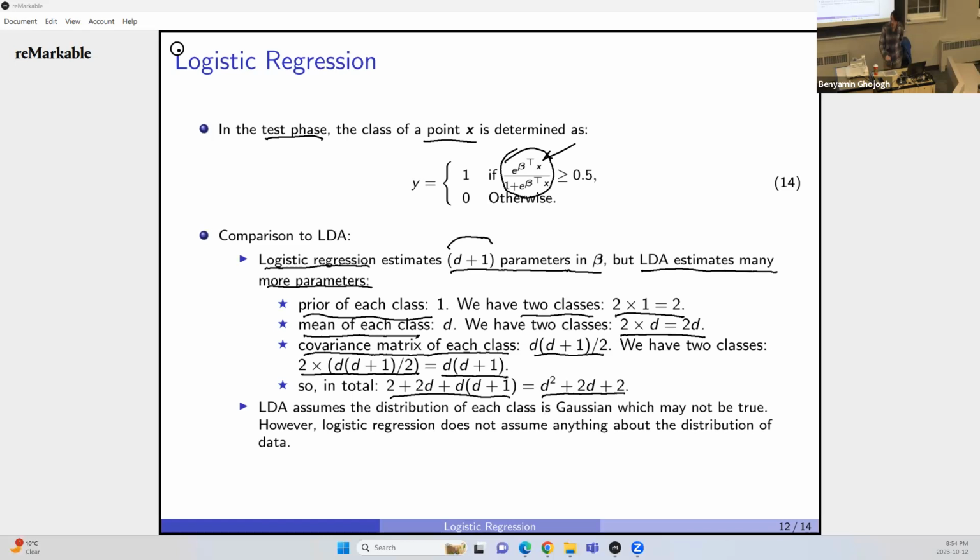Compare it with the d plus 1 parameters that we need to learn in logistic regression. Logistic regression has a much smaller number of parameters to learn, right? And what does Occam's razor say? The simpler explanation, the better, right? Also, LDA assumes the distribution of each class is Gaussian. Do you remember?